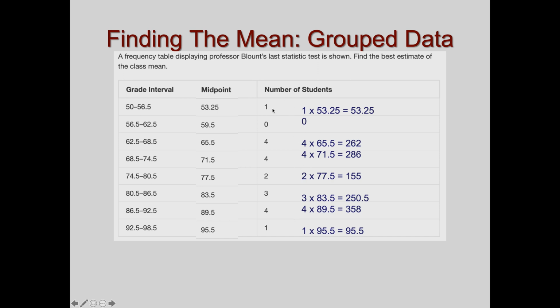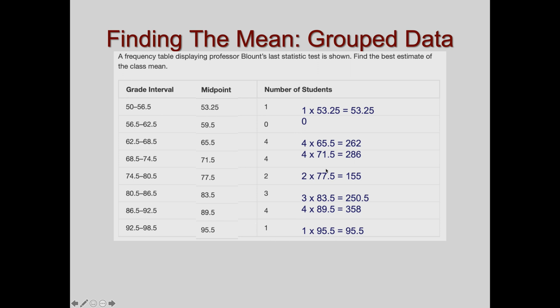So when I go to multiply, it's just the product of the number of students. Notice they all match: 1, 0, 4, 4, 2, 3, 4, 1, and the midpoint, which gives us a representative value over each of those intervals.